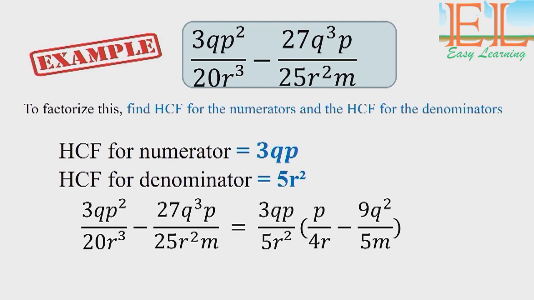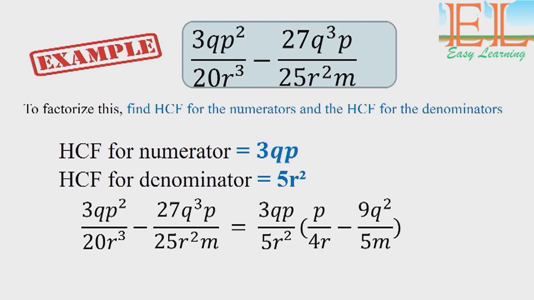If that condition is met, the next thing we have to do is to look at the terms in the numerators and find their highest common factor, and those in the denominators and find their highest common factor separately.